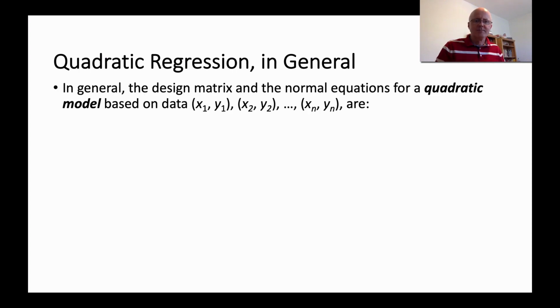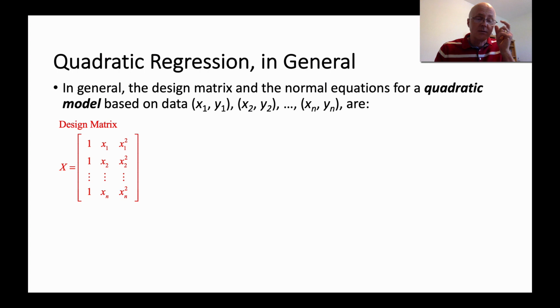In general, this is our last slide here. In general, the design matrix and the normal equations for a quadratic model based on data x1, y1, x2, y2, etc. through xn, yn, for us n was 5, are as follows. Here's the design matrix. First column is all ones.